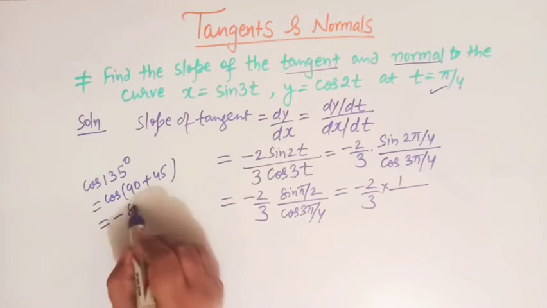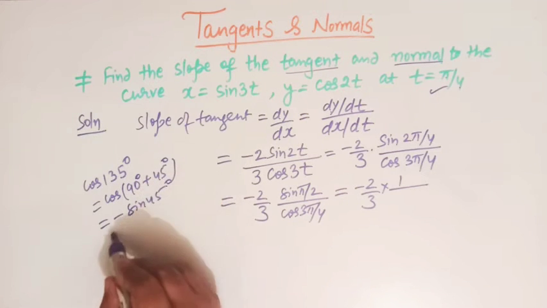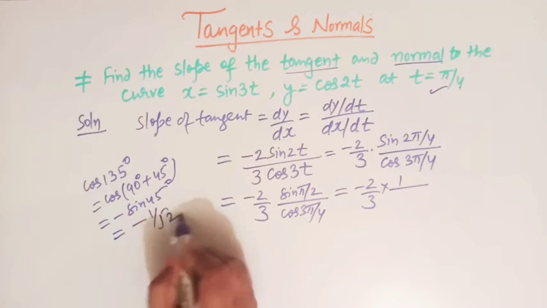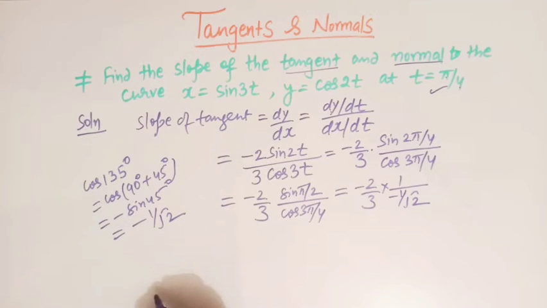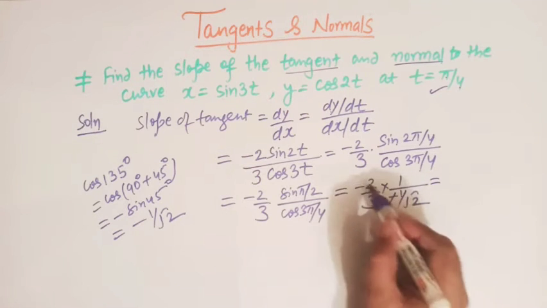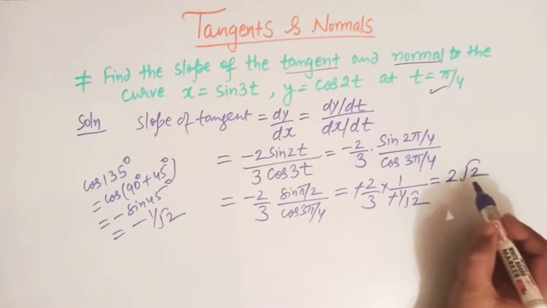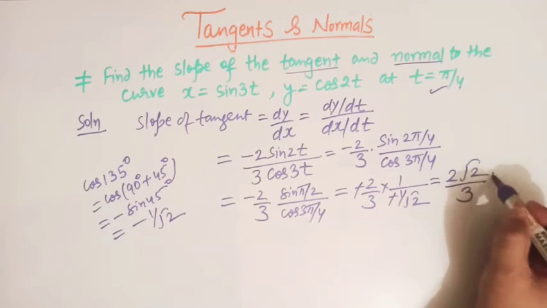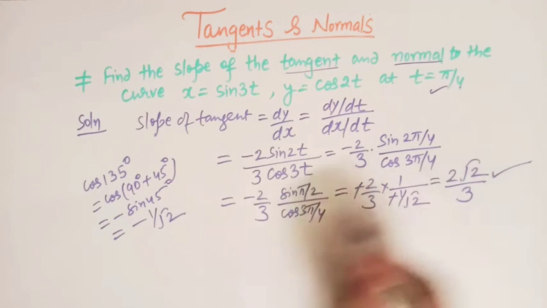This is minus sin 45, and this is minus 1 over square root of 2. So here we have minus 1 over square root of 2. So minus and minus get cancelled. So we have 2 root 2 divided by 3, right? So this is the slope of the tangent.